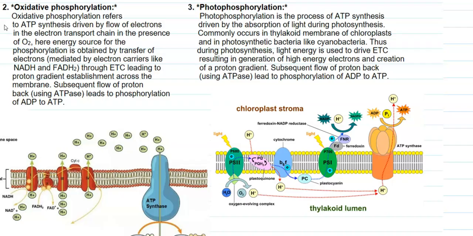At the end of the electron transport chain, the protons flow back across the membrane with the help of, again, a special kind of ATPase pump, which leads to the synthesis of an ATP molecule. That is, this particular ATPase pump helps to phosphorylate the ADP molecule into ATP, and this type of phosphorylation is referred to as photophosphorylation.